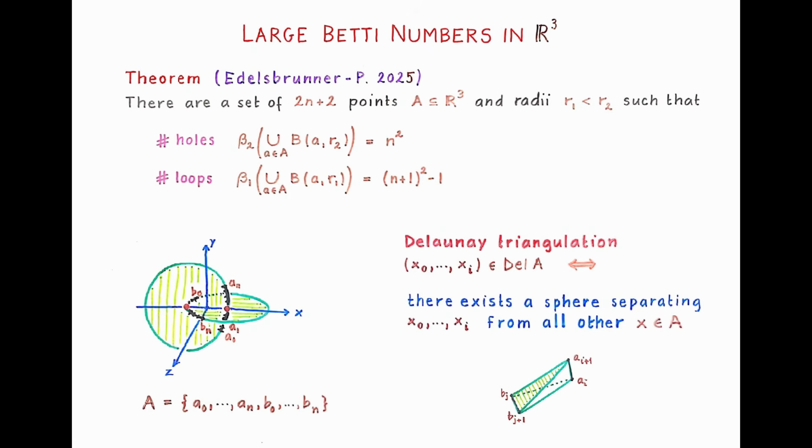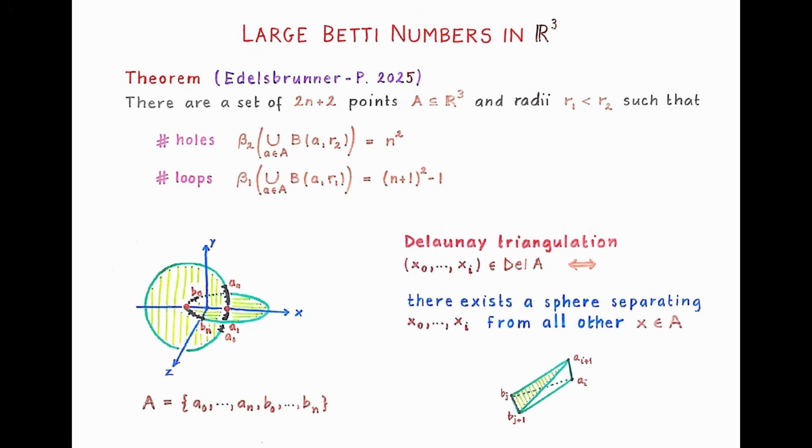Now, by careful bookkeeping, we can describe not only the number of holes that are surrounded by these balls, but we can actually see those moments where each of the so-called Betti numbers of this picture changes.